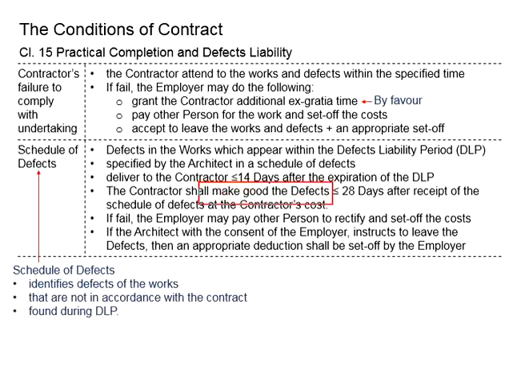All the rectification works will be at the cost of the contractor. The employer does not need to pay for the relevant work, since the works are not in accordance with the standards specified in the contract. The contractor will need to take full responsibility for it.